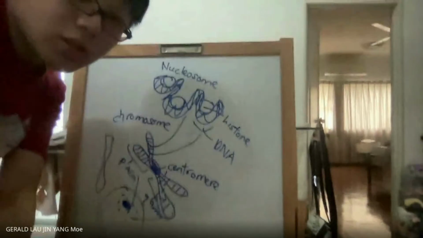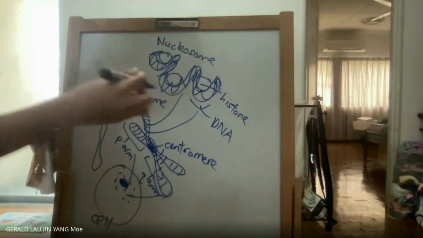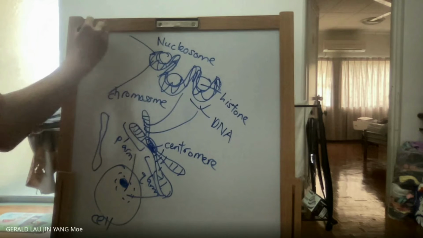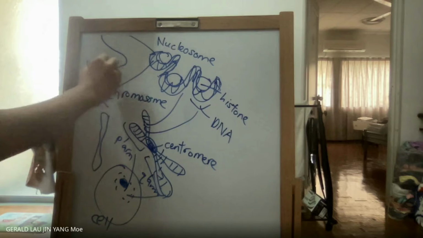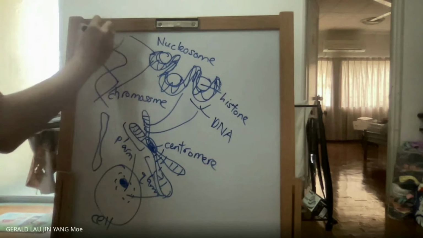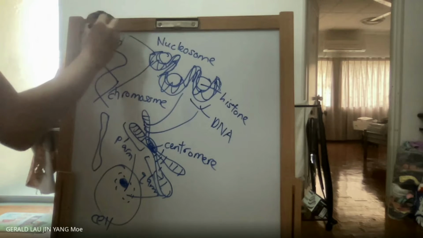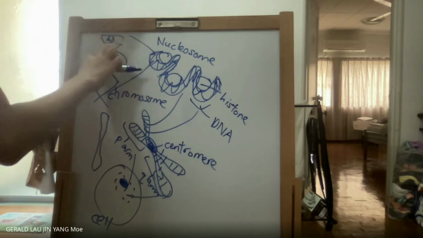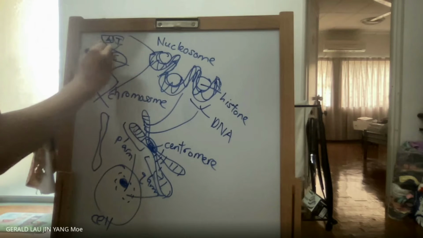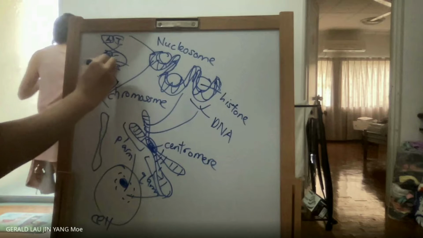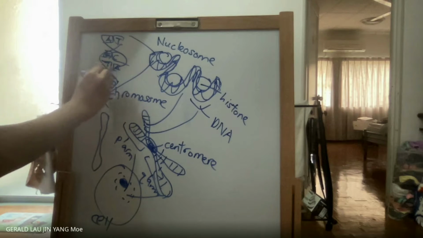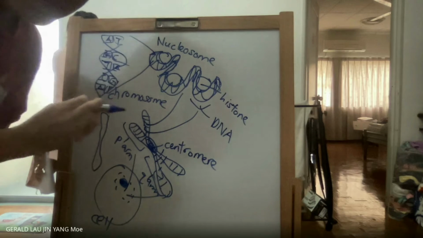Finally, you magnify the nucleosome some more and you have your DNA, with your bases A, T, G, C, not AGTC, ATGC. Understand?